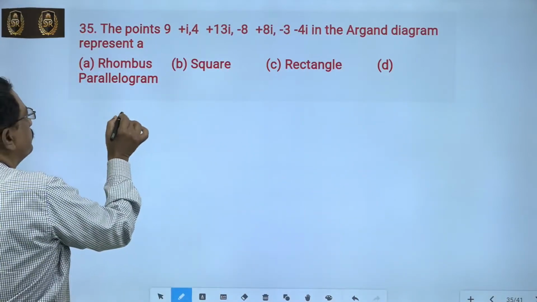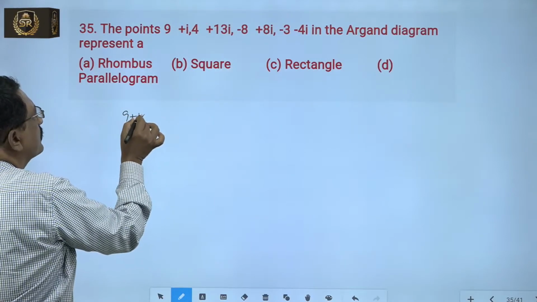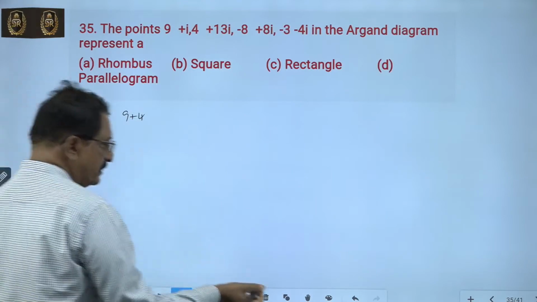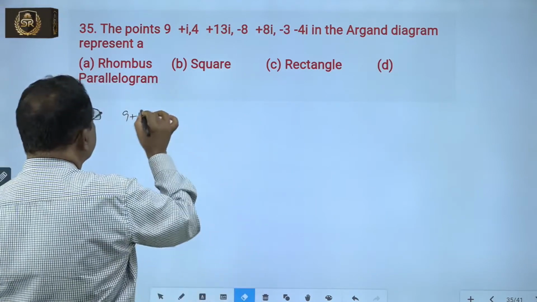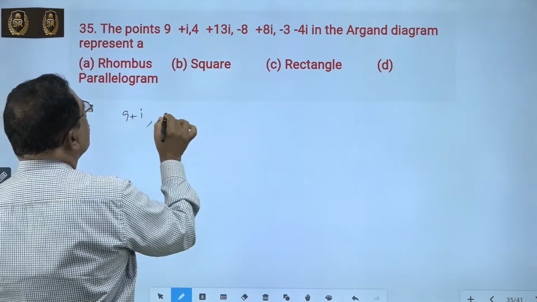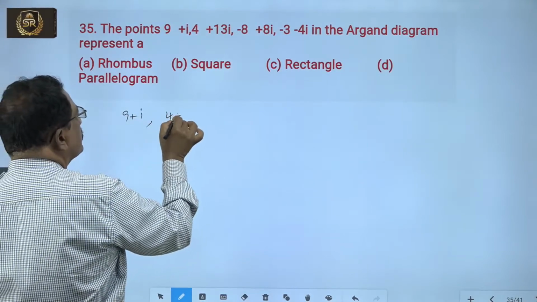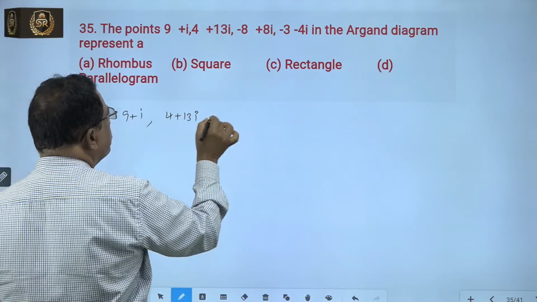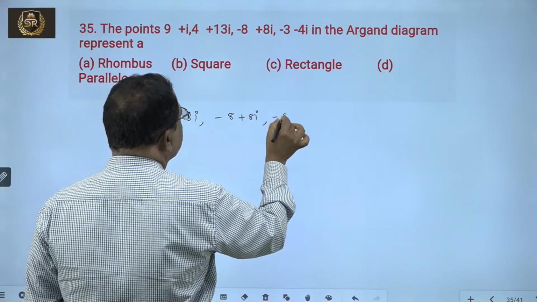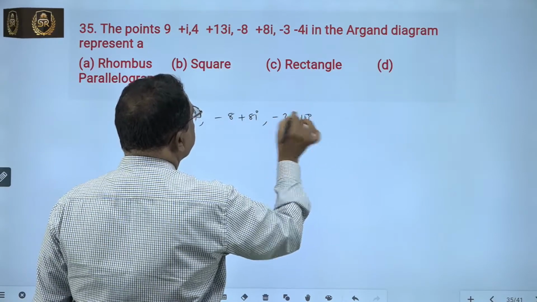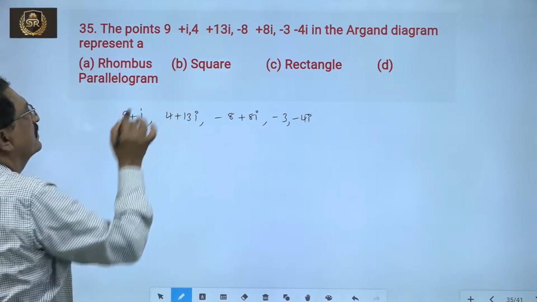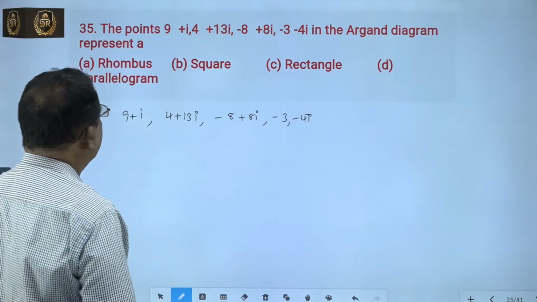Next, 35. The points 9 plus i, 4 plus 13i, minus 8 plus 8i, minus 3 minus 4i in the Argand diagram represent rhombus, square, rectangle, parallelogram.